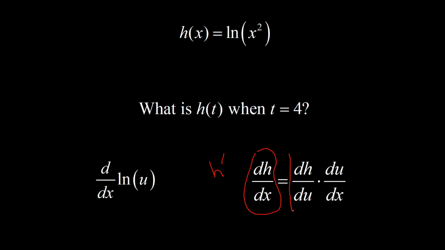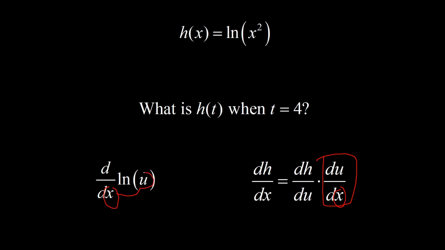And the first thing it has here is dh du. In other words, take the derivative of our function, but with respect to u. And then it says, take the derivative of u with respect to x. So the chain rule is dealing with this mismatch in letters.